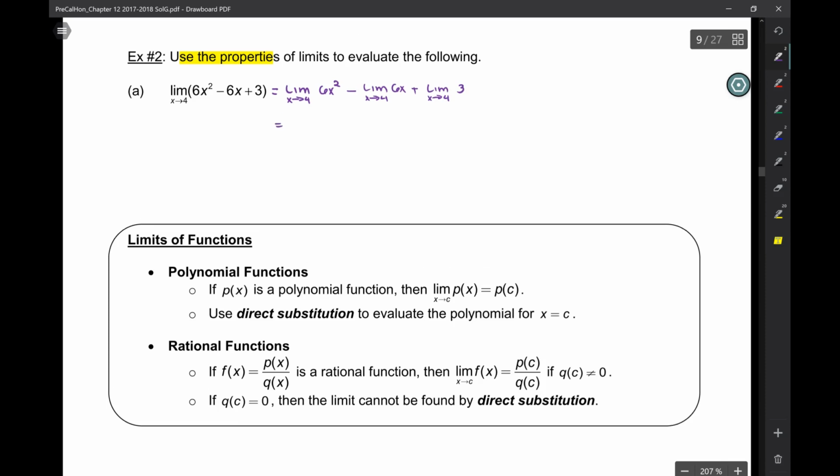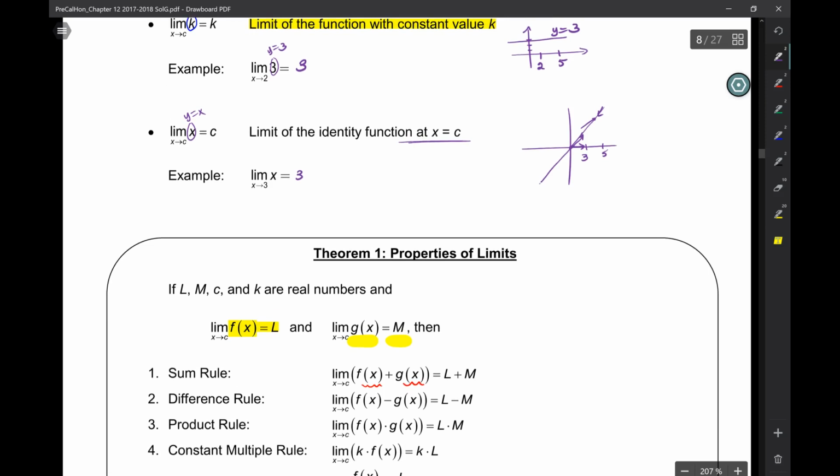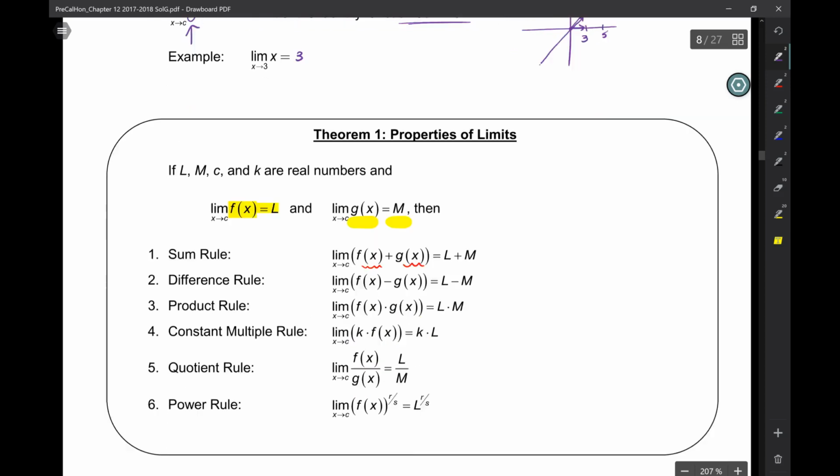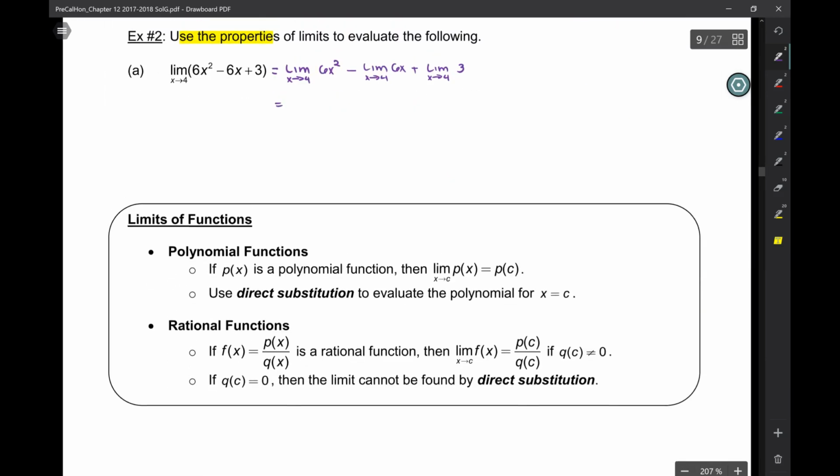All right, now I know what the limit as x approaches c of x is. So let me write this in terms of that. This is 6 times the limit as x approaches 4 of x squared. Okay? So you see how I separated the 6x squared? Minus 6 times the limit as x approaches 4 of x plus the limit as x approaches 4 of 3.